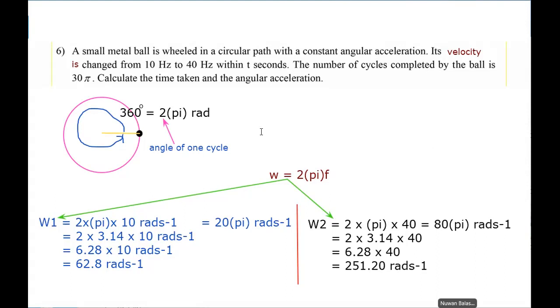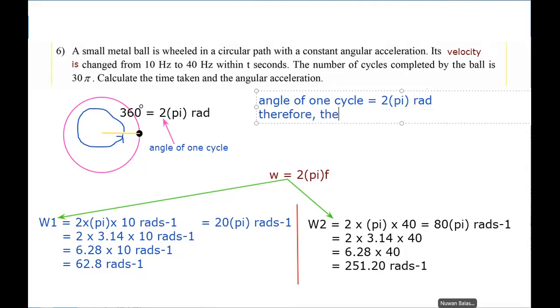Right. Now below the figure, let's write several statements and finally we can obtain the answer. Please write: angle of one cycle equals 2 times pi radian.